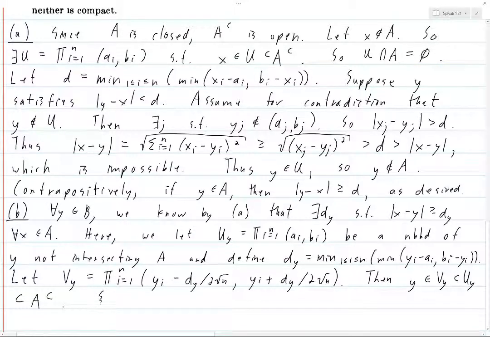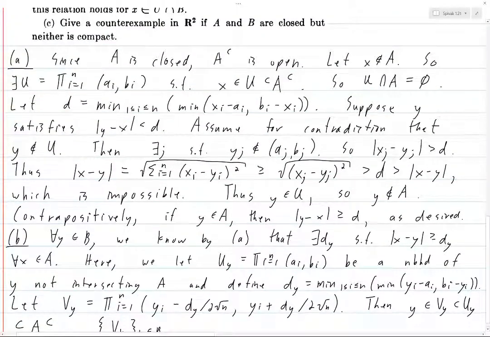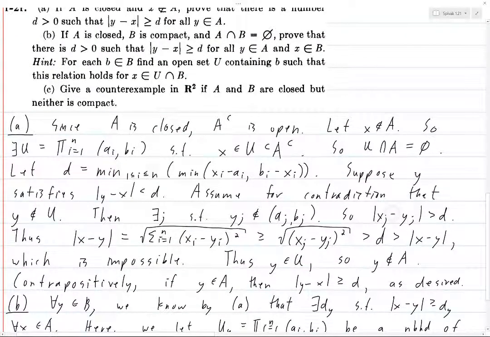Alright. So now if we take all the vy's as y ranges over C, no, y is in B. I call it C because it's compact. B is the compact one. Okay, cool.